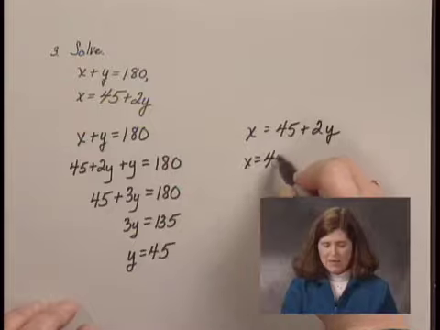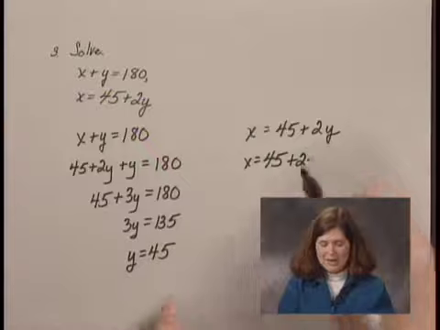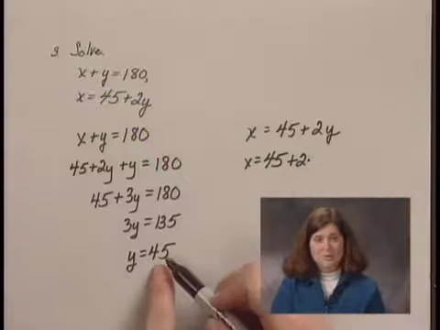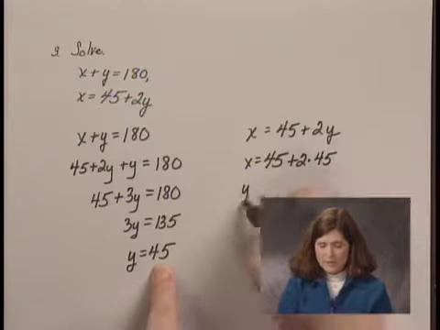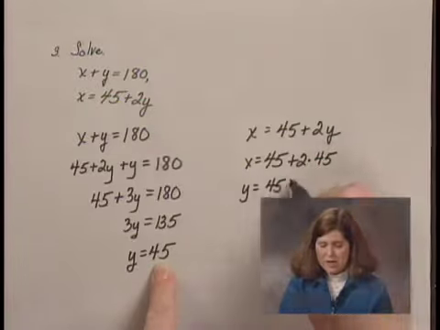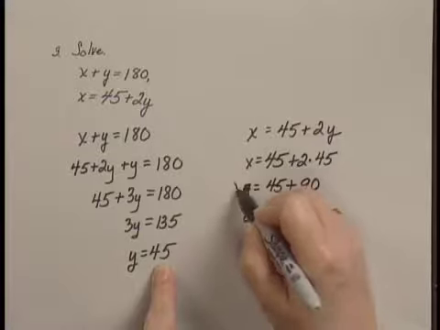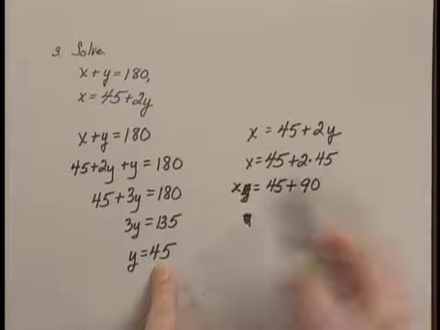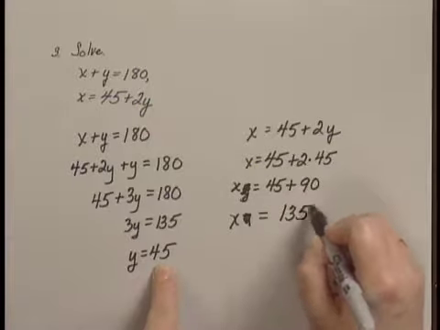X is 45 plus 2 times, now this 45 I'm going to substitute here comes from here. Y is 45. So x would be 45 plus 90. I already found y. X is 135.